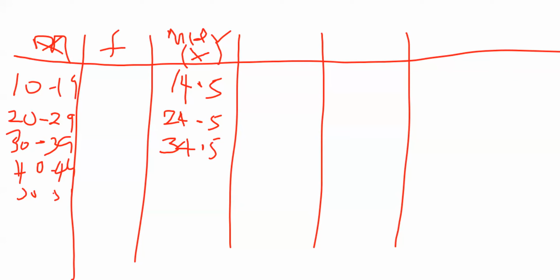An examination question will always give you equal interval. If you check, the first group is 14.5, the next is 24.5. So if the first group is 14.5 and the second is 24.5, the difference is 10, 10, 10, 10.